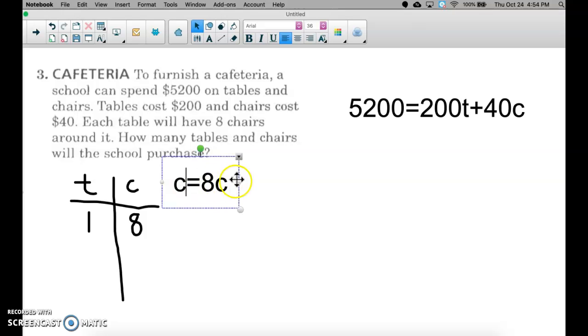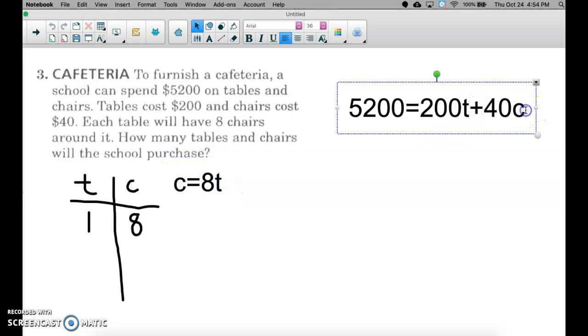But notice if I switch it around and I say 1 chair equals 8, it's going to be 8 chairs per table, and I plug in 1 for T, 1 table is going to equal 8 chairs. So this equation makes a lot more sense, which is what we're going to end up using over here as well.